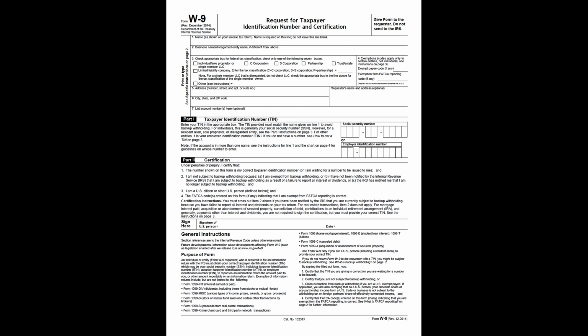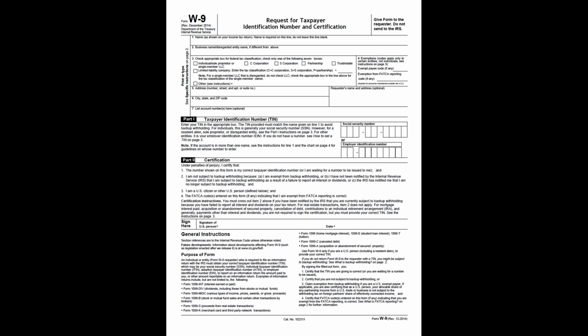I have not been notified by the Internal Revenue Service, IRS, that I am subject to backup withholding as a result of a failure to report all interest or dividends, or c. The IRS has notified me that I am no longer subject to backup withholding, and 3. I am a U.S. citizen or other U.S. person, defined below, and 4. The FATCA code(s) entered on this form, if any, indicating that I am exempt from FATCA reporting is correct.